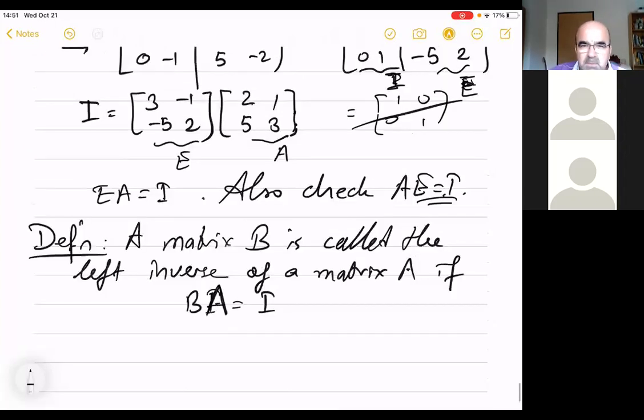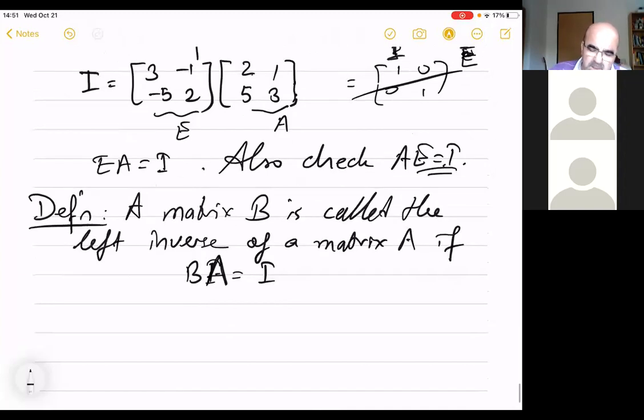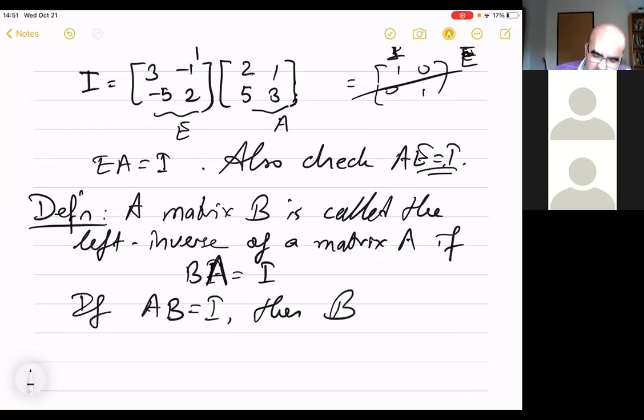Of course, if A and B are n by n square matrices, then I should be an n by n matrix. That's the left inverse. There's also a right inverse: if A times B is the identity, then B is called a right inverse.